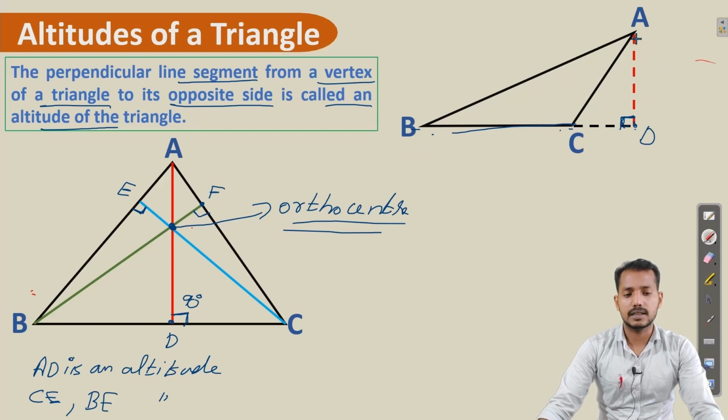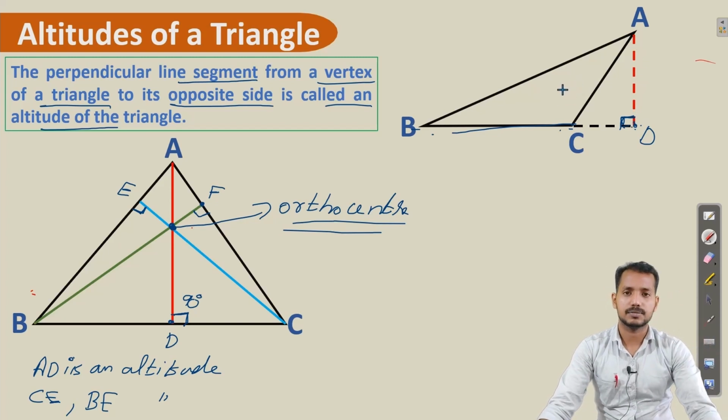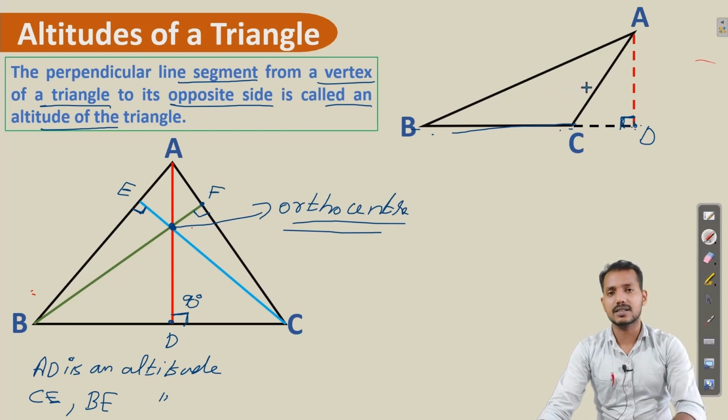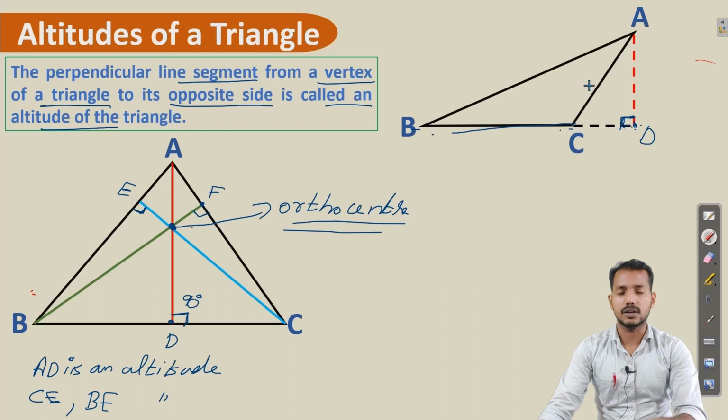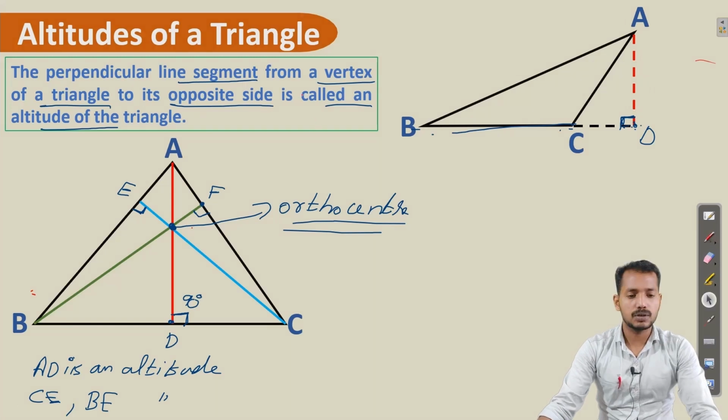Then you can see that this AD lies in the exterior of the triangle, which is not inside the triangle. That means in case of an altitude, it is not necessary that it should always be in the interior of the triangle. If it is an obtuse triangle, one altitude can be here. Now I am going to draw an altitude from the vertex C to the base AB.